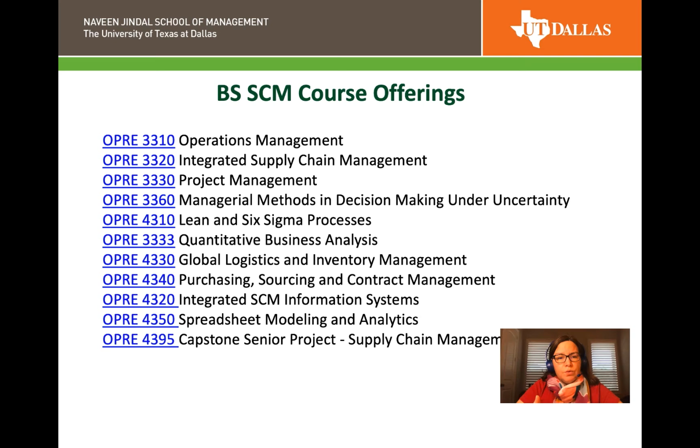Then you go to OPRE 3333. It's quantitative business analysis. That one is required in some of the most quantitative measures. Our program requires that course, of course. And the remaining courses are specific to supply chain. So you have supply chain management, project management, Lean Six Sigma, global logistics, purchasing, integrated supply chain management, information systems, spreadsheet modeling, and capstone senior projects.